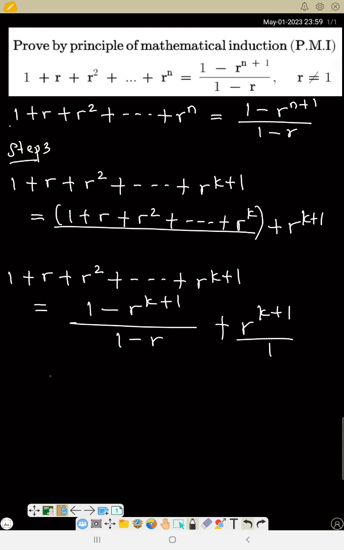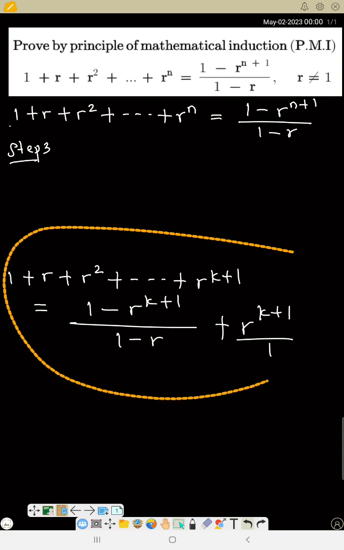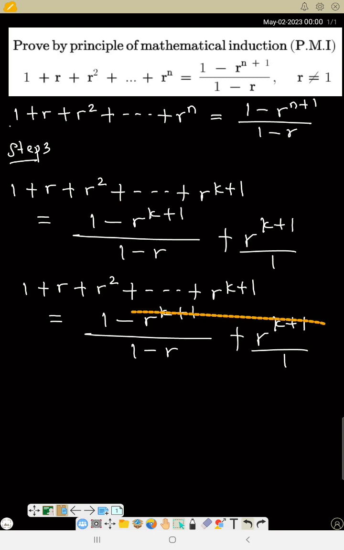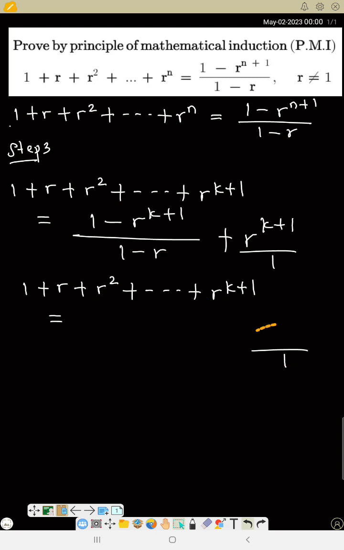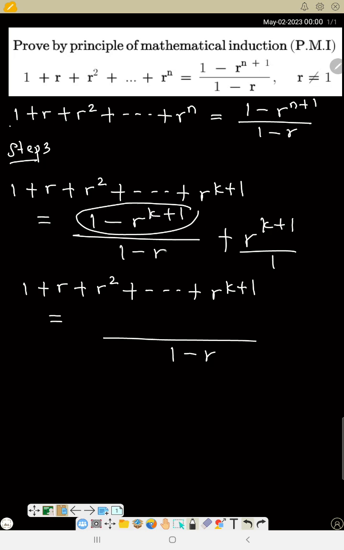So this will become, LCM is 1 minus r. So 1 minus r in 1 minus r is 1 minus r. So that is times 1 minus r in 1 minus r is 1.